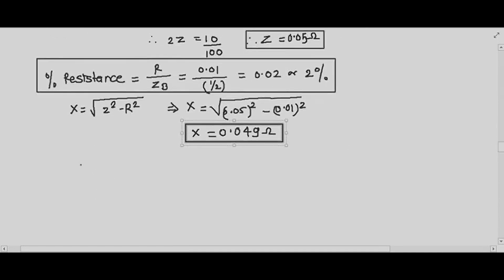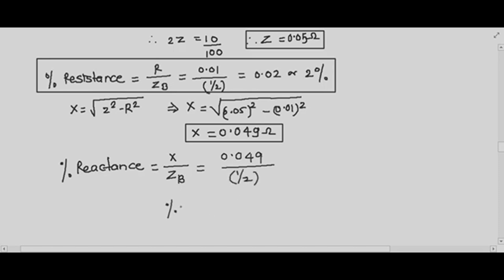So we can find the percentage reactance by simply dividing the reactance by the base impedance. So percentage reactance equals X divided by the base impedance. What is X? 0.049 divided by ZB, which is 1/2. So percentage reactance is 0.098, or 9.8%.